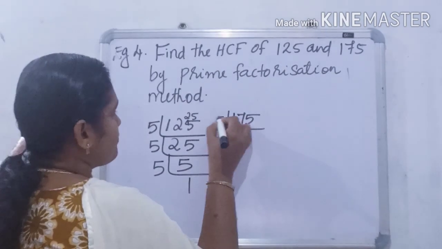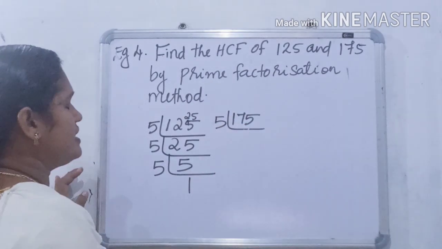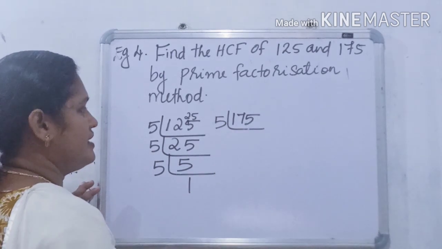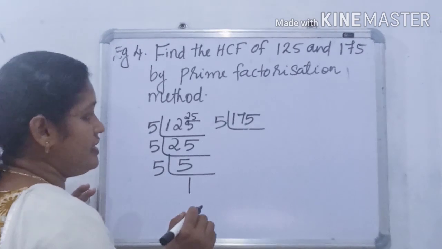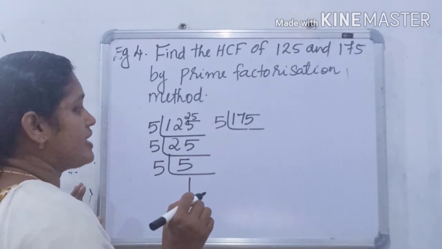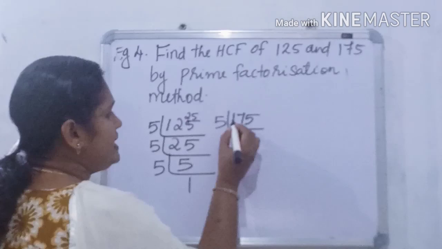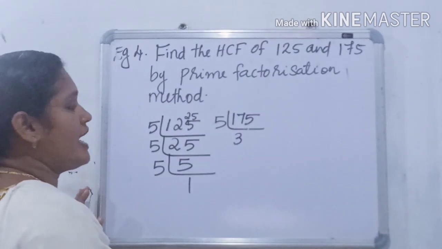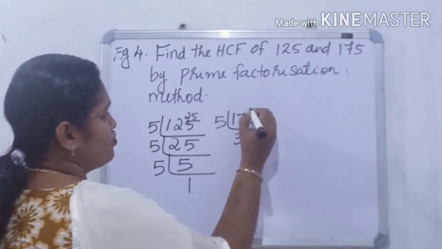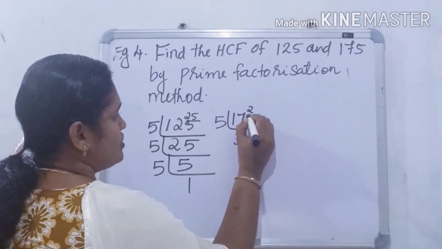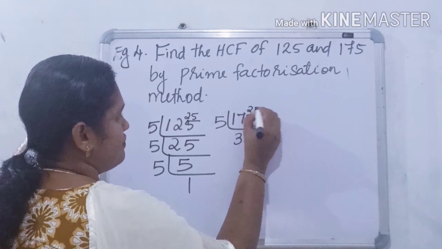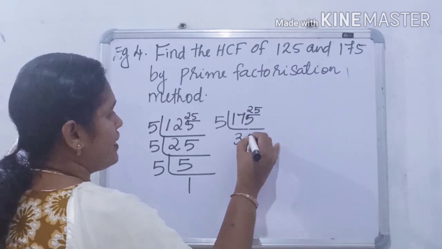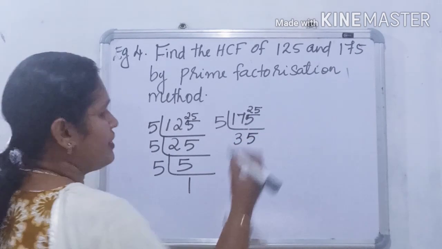So we can divide like this. In 17 how many 5's are there? 3 5's are 15. 4 5's are 20. So 3 times 5's are there. 3 5's are 15. Carry over 2. So this 5 becomes 25. In 25 how many 5's are there? 5 5's are 25.